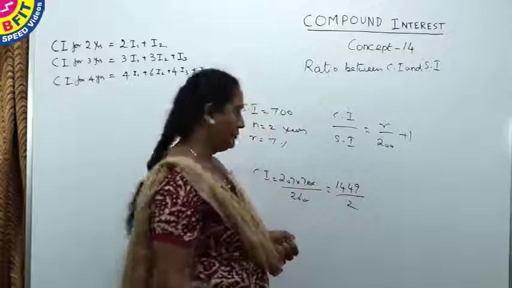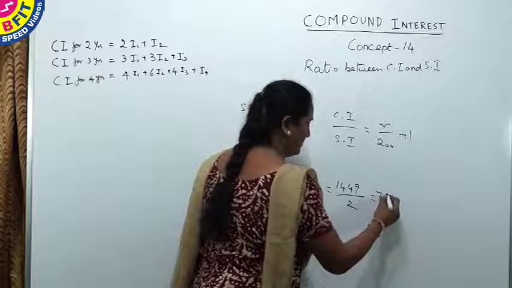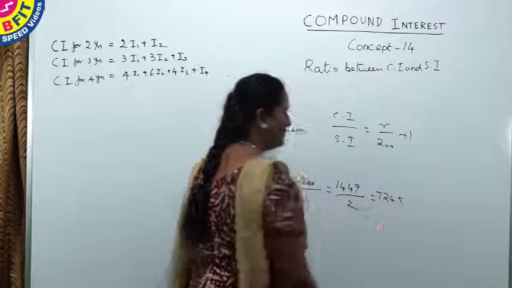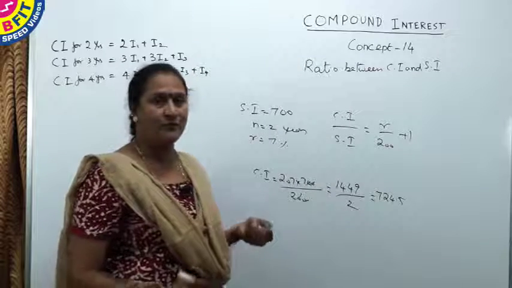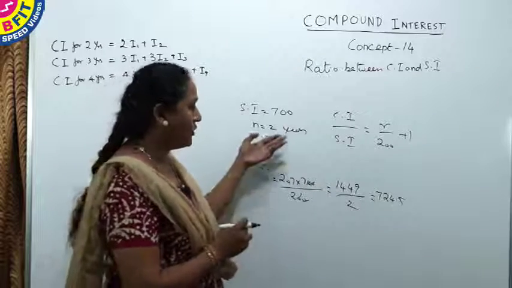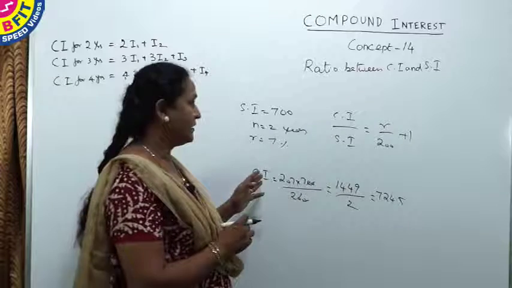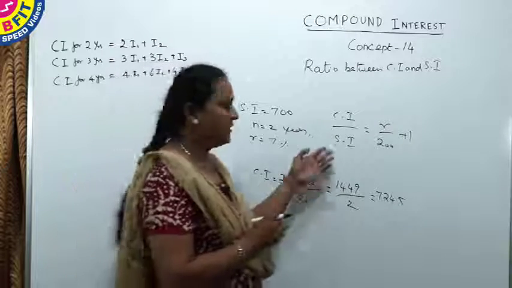Dividing by 2, compound interest is 724.50. So we have found the compound interest for 2 years at 7% with the required data using the ratio.